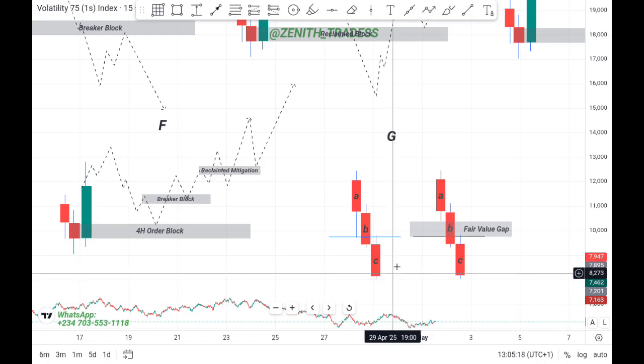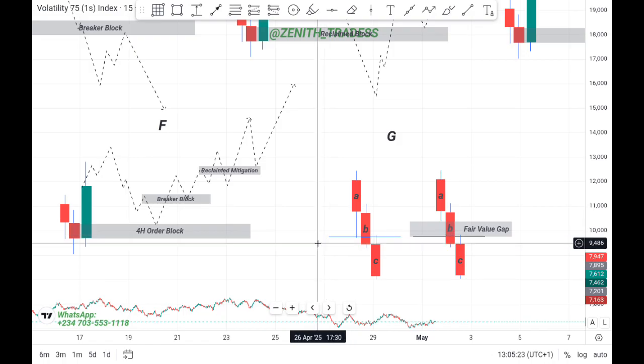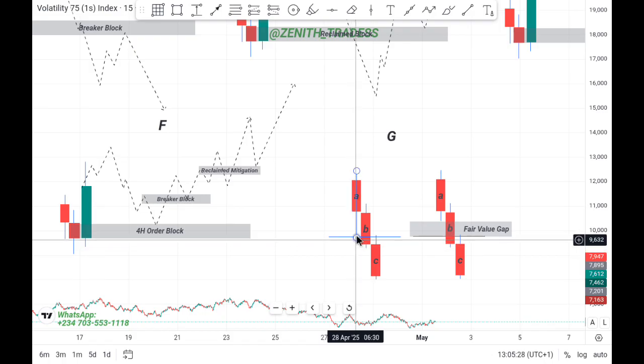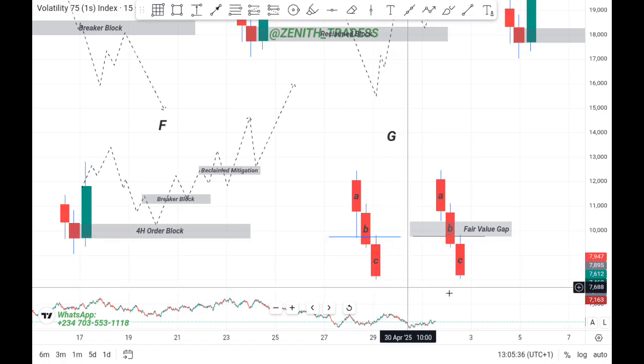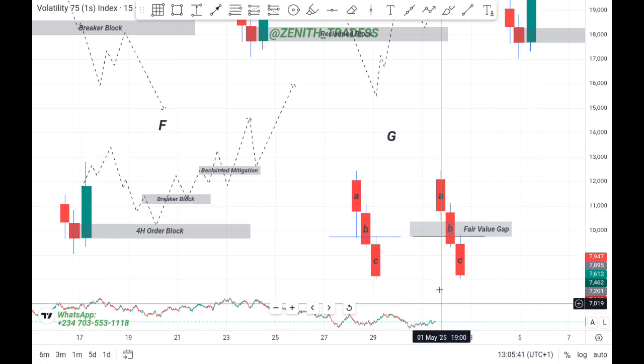And they say it is a gap between the low of the first independent candle and the top of the third independent candle. So look at it this way. Look at the low of the first independent candle and the top of the third independent candle. Did you see any gap there? Of course, there's no gap. Look at the second scenario. We have the first independent candle, the second and the third.